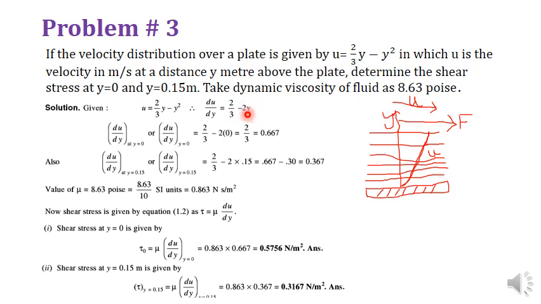In the equation 2/3 − 2y, y is replaced with the respective values at which the velocity gradient is needed. So keep these two answers, the velocity gradients, with you. Now come to the viscosity.